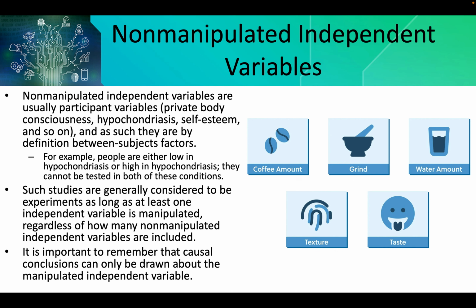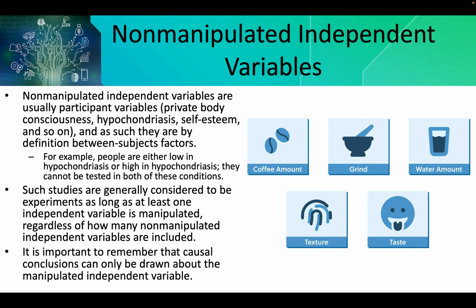Non-manipulated independent variables are usually participant variables, private body consciousness, hypochondriasis, self-esteem, and so on. And as such, they are by definition between subject factors. For example, people are either low in hypochondriasis or high in hypochondriasis. They cannot be tested in both of these conditions.